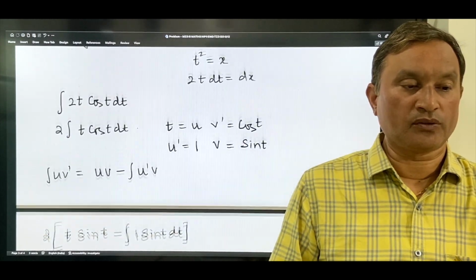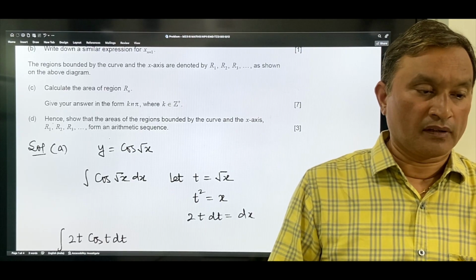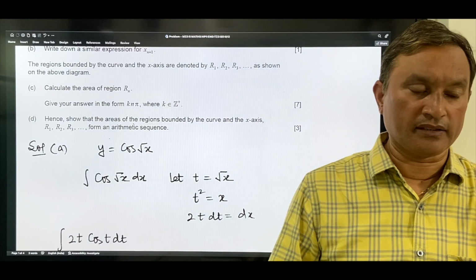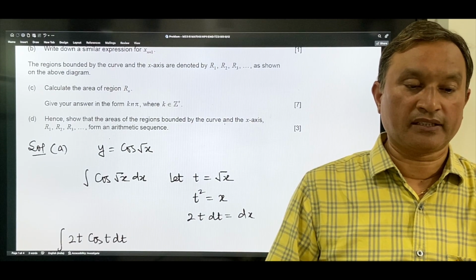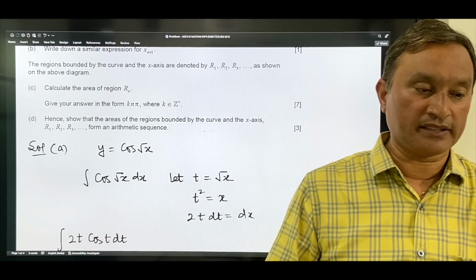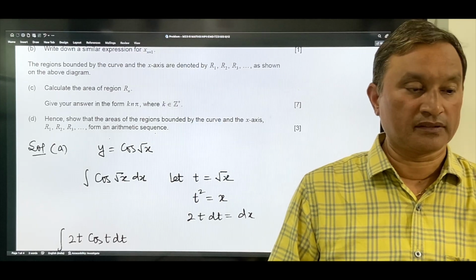Now we will proceed to D part. Hence show that the areas of the regions bounded by the curve and the x-axis, R1, R2, R3, form an arithmetic sequence.